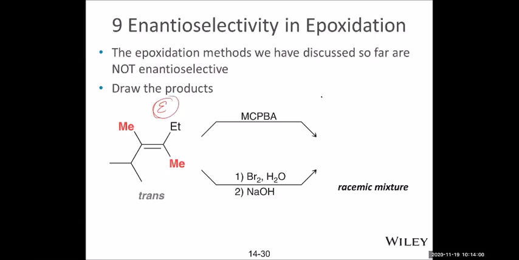And when this reacts with the MCPBA, the reaction product is a pair of enantiomers. Once I add the MCPBA, the molecule becomes three-dimensional, so I have to adjust accordingly.